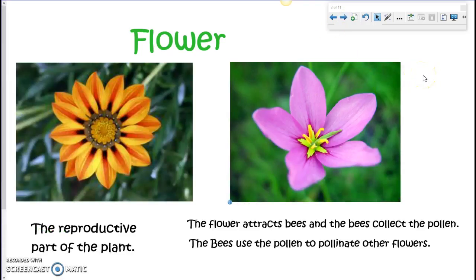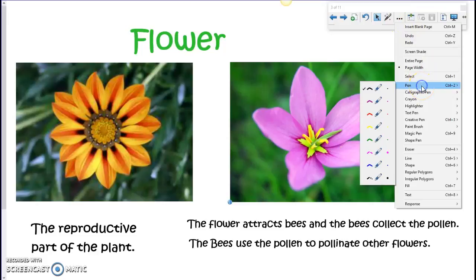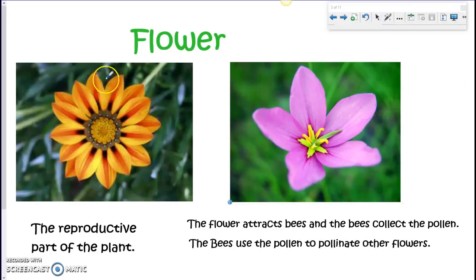So let's discuss these parts. The flower, the reproductive part of the plant. As you can see on this, let's do red. This is the flower. It has its petals. This is where the magic happens. This is where the plant makes its children.